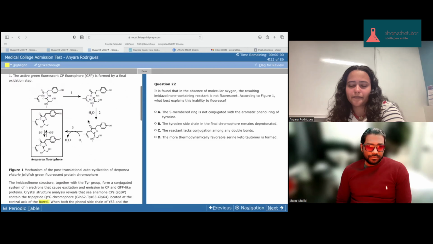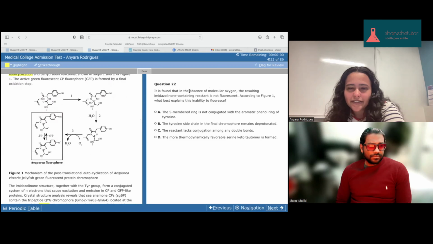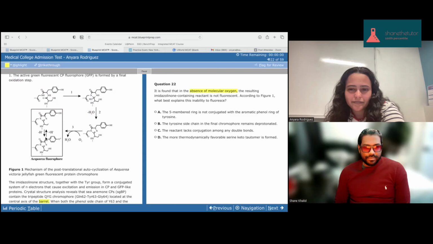So absence of molecular oxygen, not fluorescent. I guess they're referring to this final compound. What's its ability to fluoresce? Tell me how you get to that from the previous molecule.